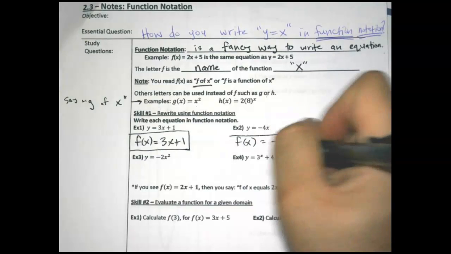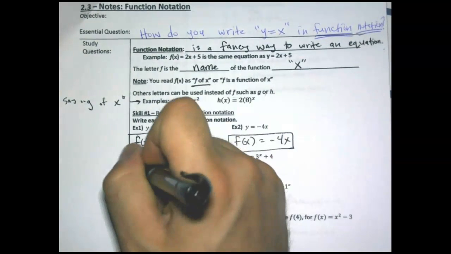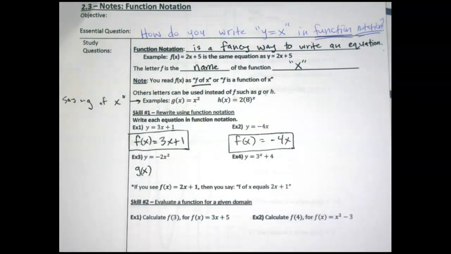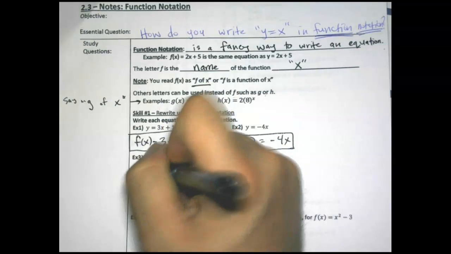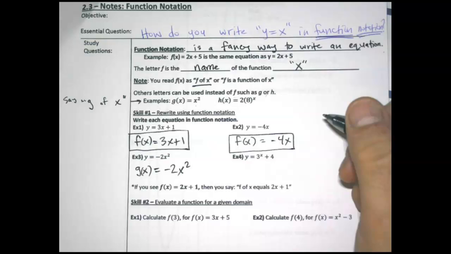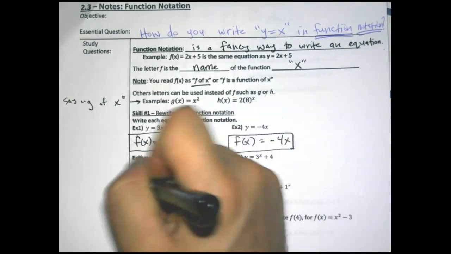And again, all you do is change y to f of x, or if you want to use a different letter, like the one up there, g of x, you can. So g of x equals negative 2x squared. You could use f of x, g of x. Really, you could use any letter you want.